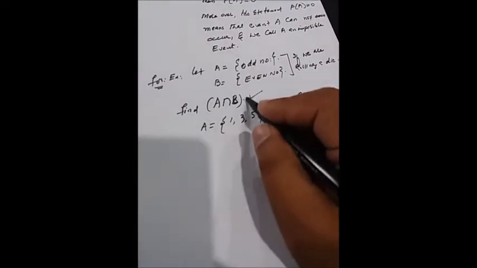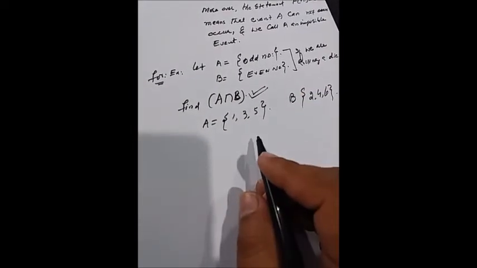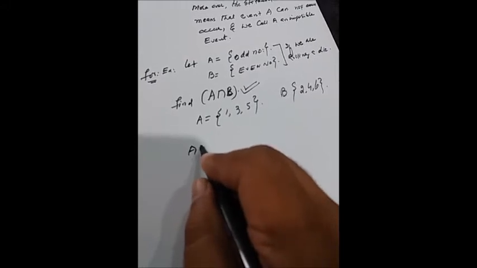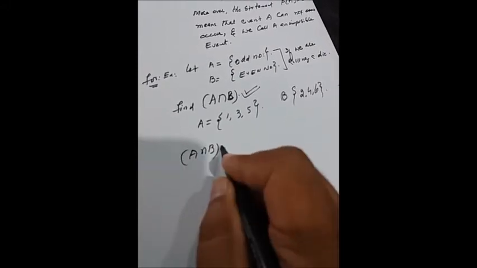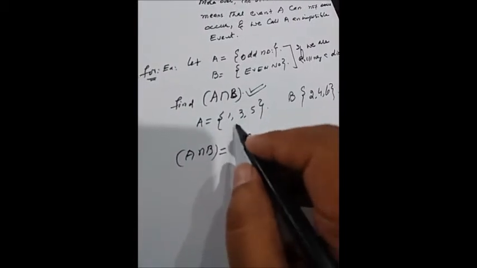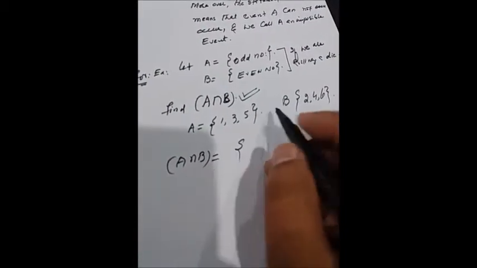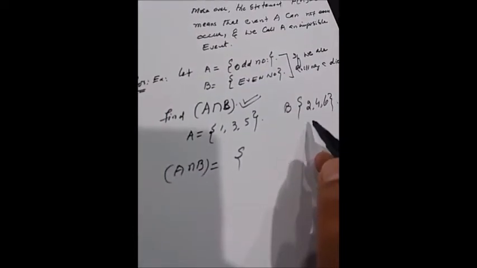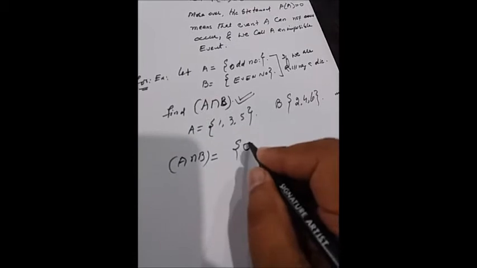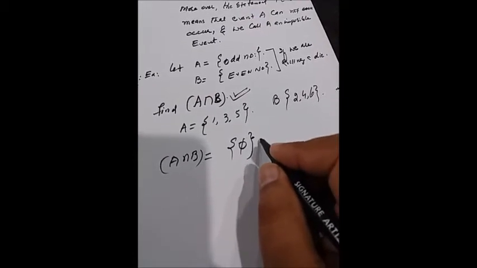Find A intersection B. Intersection means the common elements from both sets. There is no common element in these two sets, so A intersection B is equal to the null set.